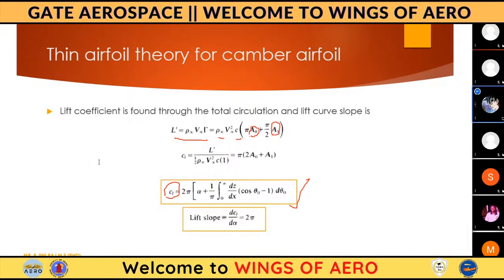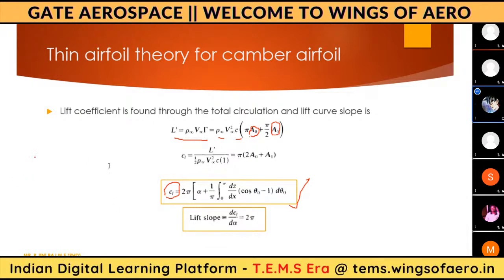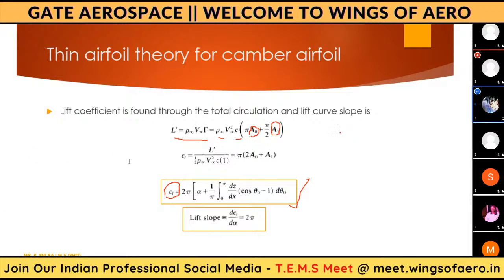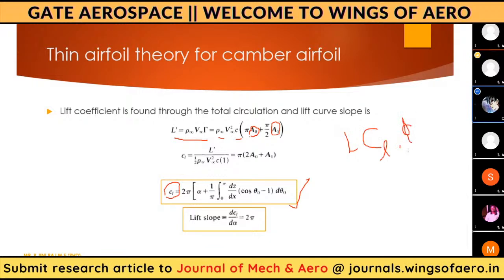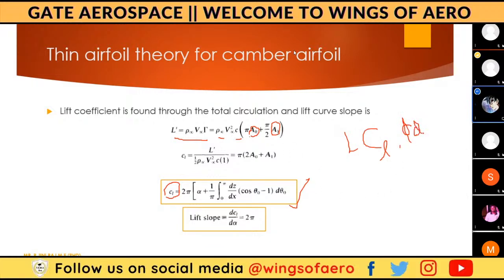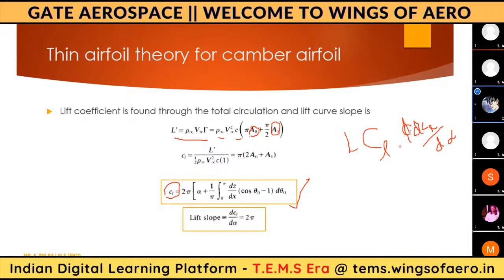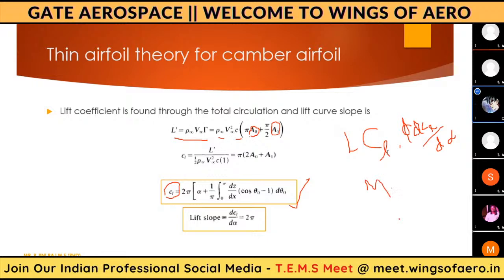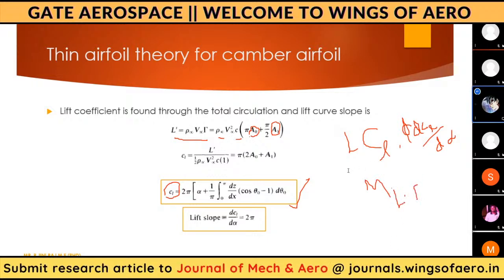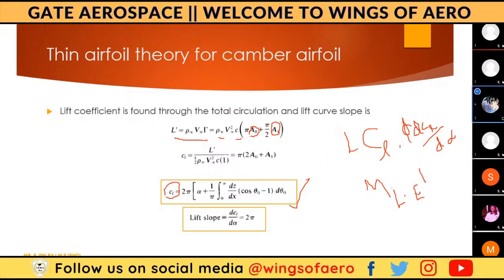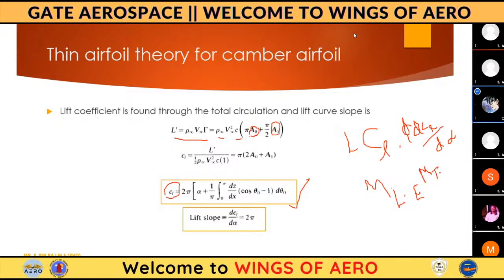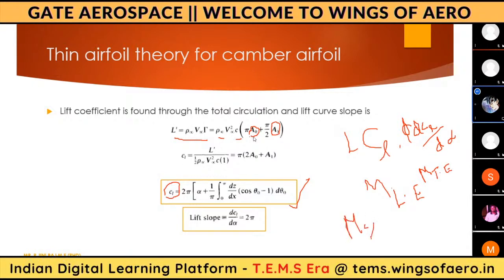So this is the formula, and after finding the CL value, you should find the lift curve slope. Mainly, in thin aerofoil theory, the main thing is to find the lift coefficient, that is the CL value, then the lift curve slope dCL by d alpha, and also the moment coefficients, that is the moment about the leading edge, moment about the trailing edge, then the moment about the quarter chord point, that is c by 4.